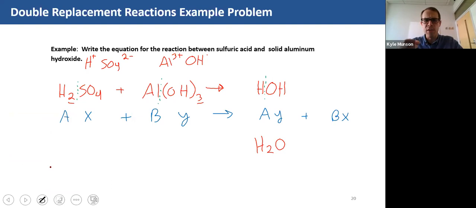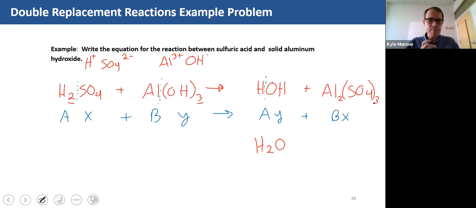And that's probably how you'll see it written in the homework and things like that. Okay, so plus aluminum sulfate, okay? Which is going to be shown here, okay? Because again, the aluminum has a 3+ charge, the sulfate anion has a 2- charge, so you need to make the whole formula unit net neutral.